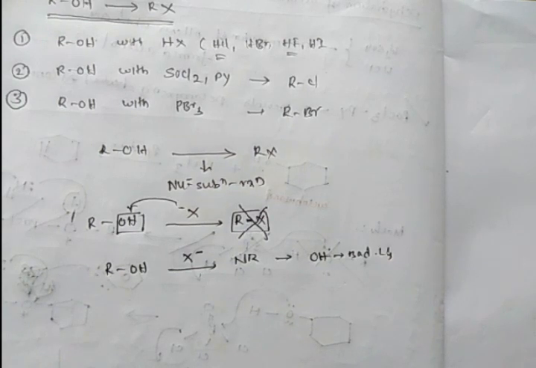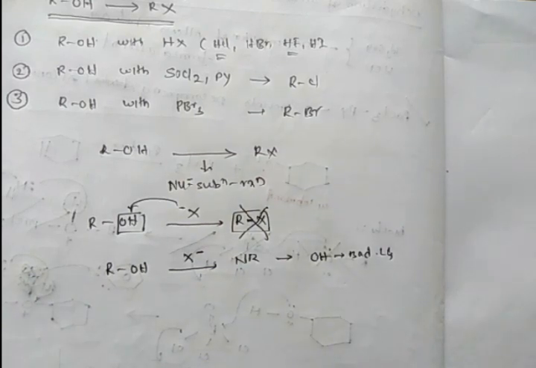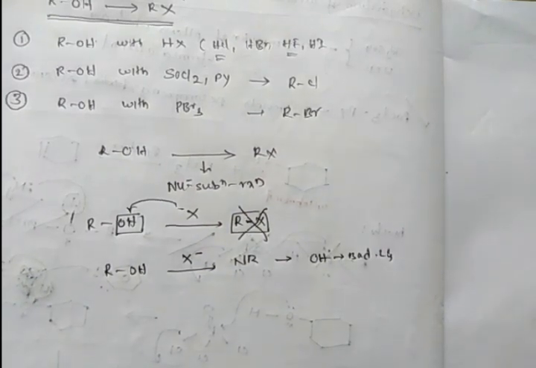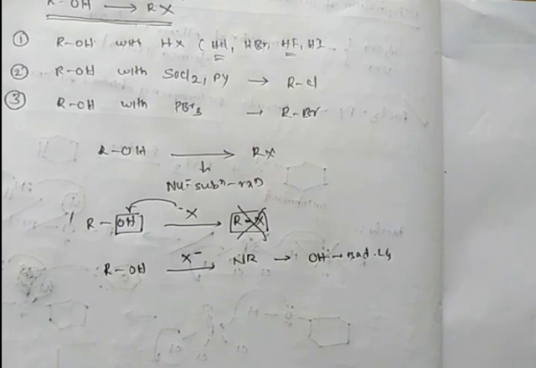The best method for this is treatment with a strong acid. These hydrohalides, HCl, HBr, HF or HI, are strong acids. So when you treat these alcohols with strong hydrohalides, we will get the alkyl halides.